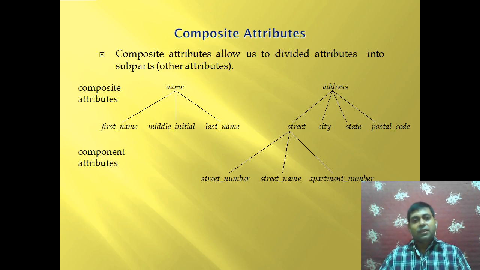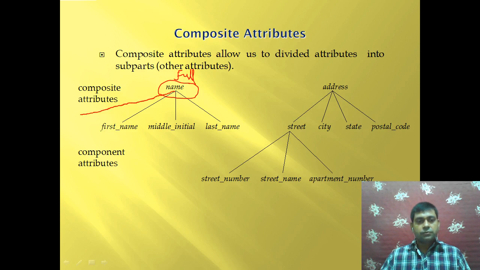Okay. So for example, the name, better to say the full name, right? Full name is, we can say, a composite attribute because it can be divided into parts.